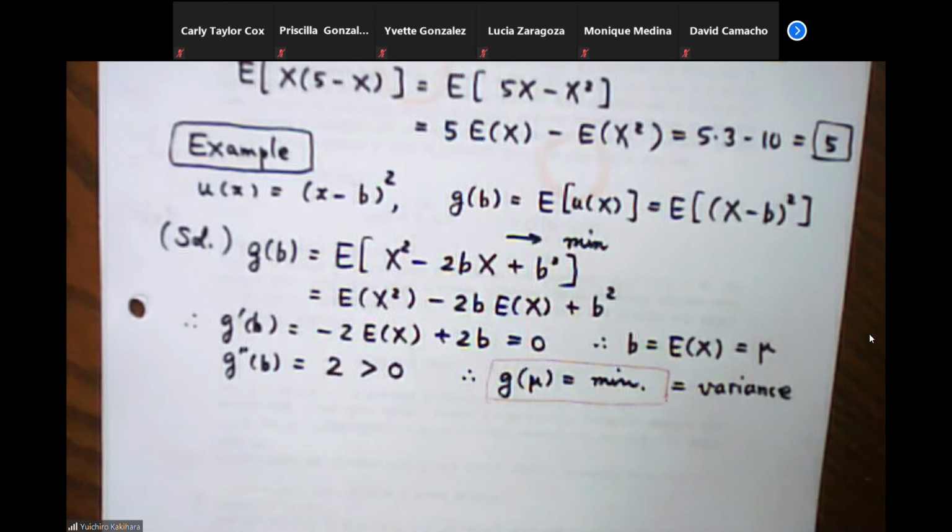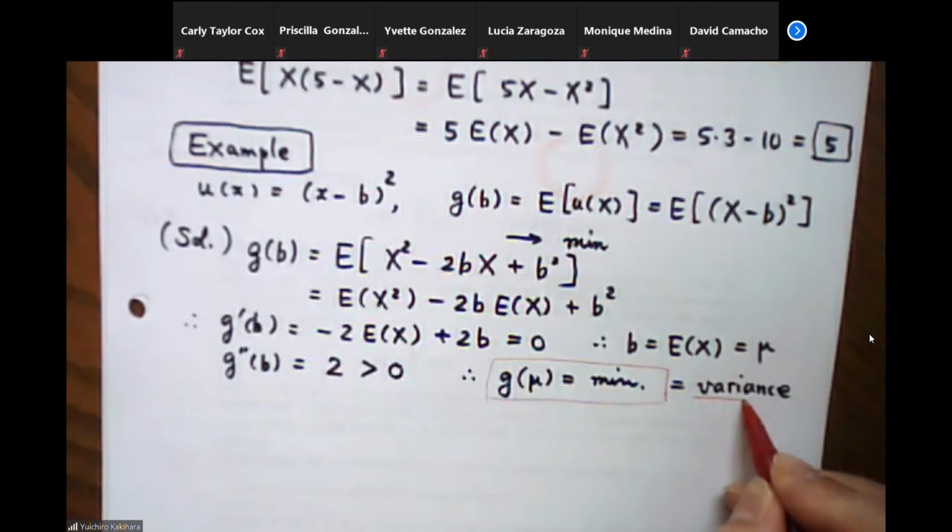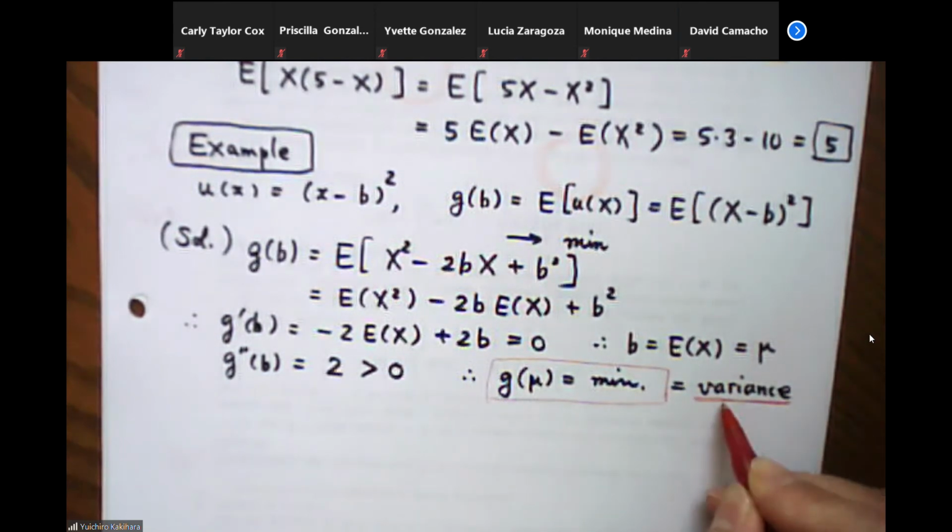We'll see the definition of variance given by this, but the idea of variance is given by this. So we'll see later. So we'll do more examples.